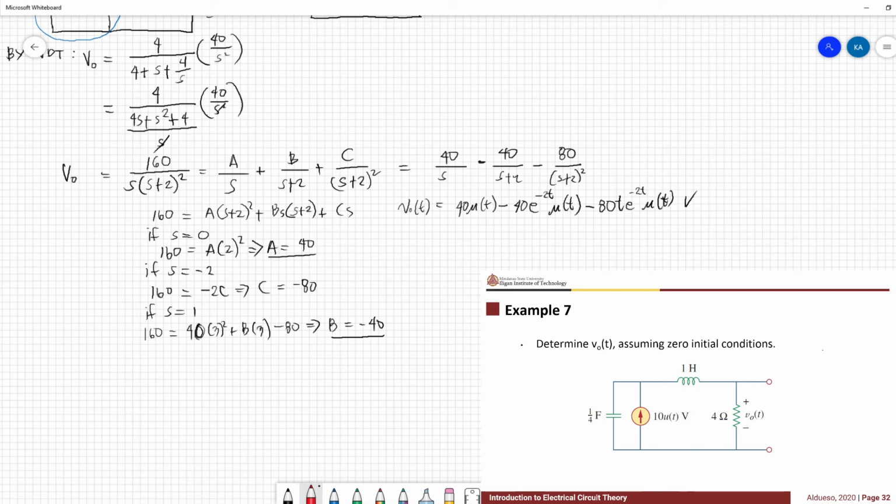Or we can write this as 40 times the quantity 1 minus e to the negative 2t minus 2t e to the negative 2t, u(t) volts.